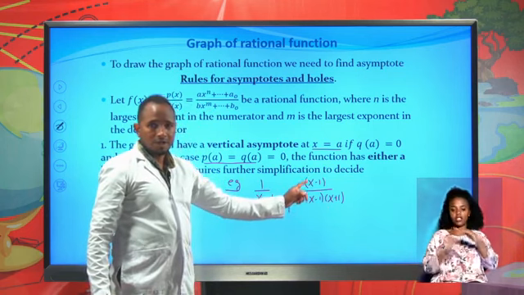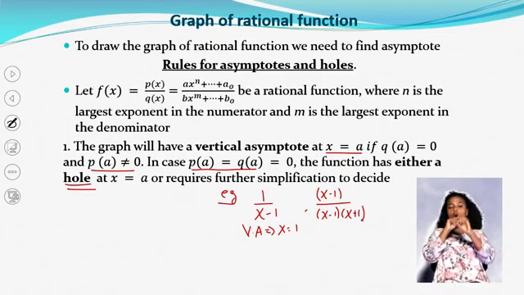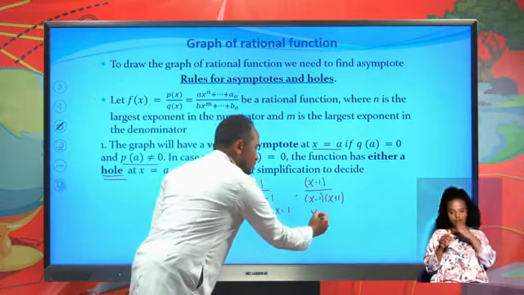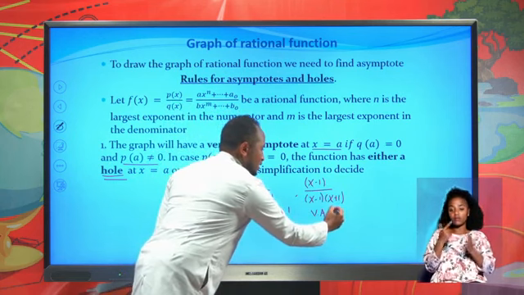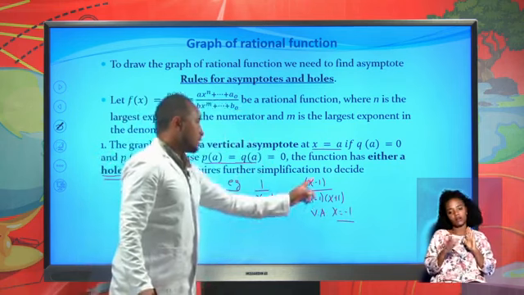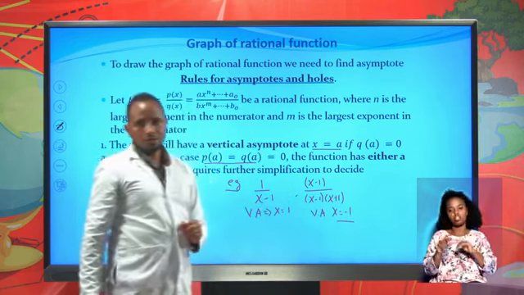In this case, 1 is not the vertical asymptote. The graph will have a hole at x equals 1, and the vertical asymptote will be simply x equals negative 1. And it has a hole at x equals 1 since it makes both numerator and denominator 0.